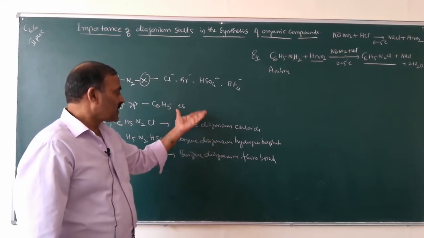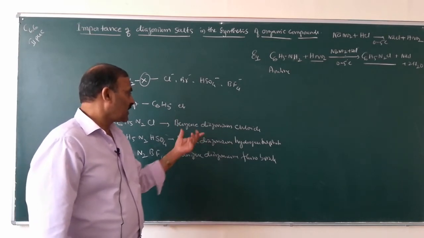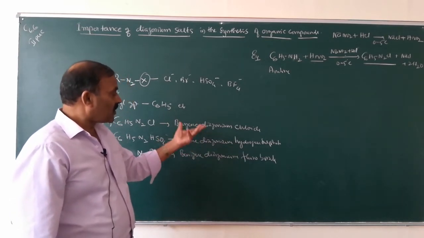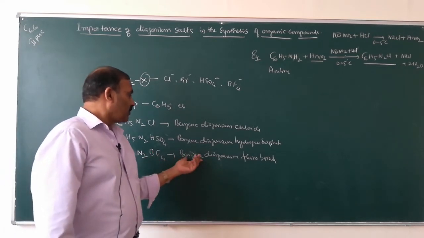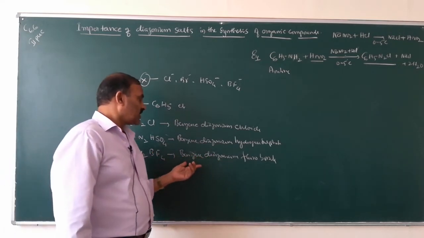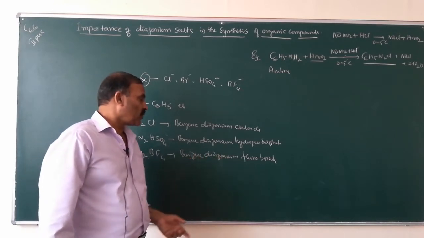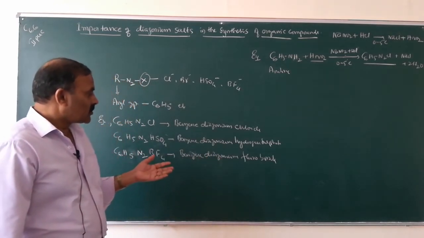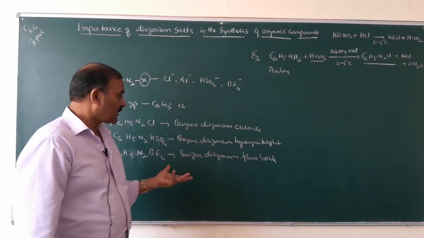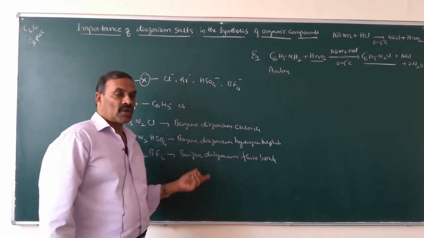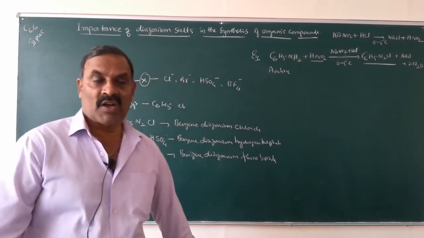But when the temperature is raised to about 10 degrees centigrade, it reacts with water, forming phenol. Coming to benzene diazonium fluoroborate, it is also a colorless crystalline solid. It is insoluble in water, but in the solid form it is somewhat stable.